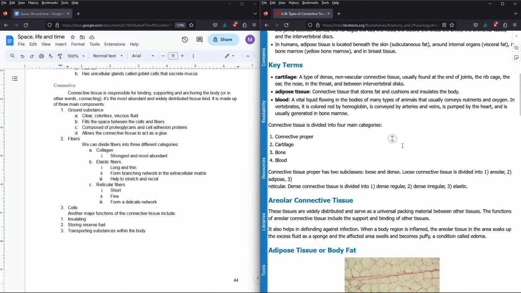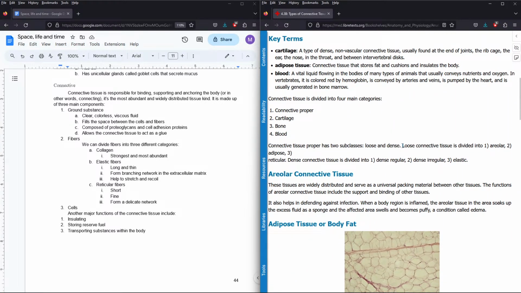Connective tissue is divided into four main categories: connective tissue proper, cartilage, bone, and blood. Neat. Yeah, just copy paste. It's divided into four.